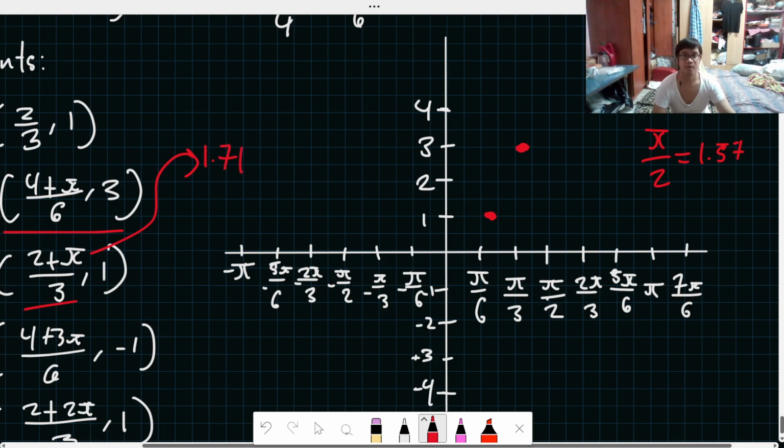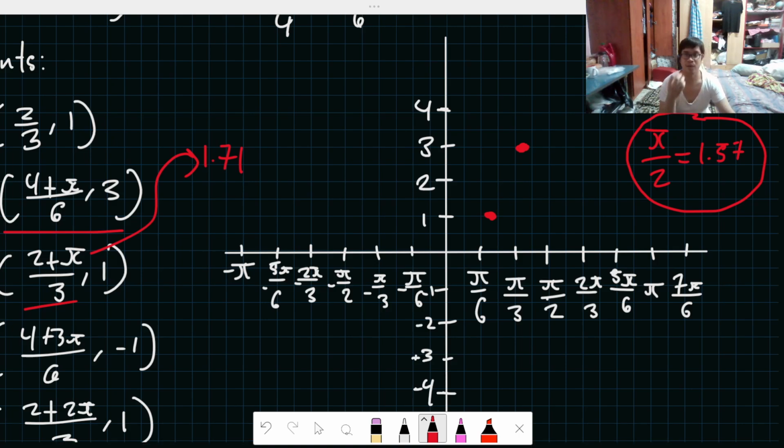All right, which is actually closer to pi all over 2. So I think, guys, you get the idea what I'm trying to do here. Whatever x value it's close to, then I think it's easy for you to plot and to assume as safely as possible where that x value would be.